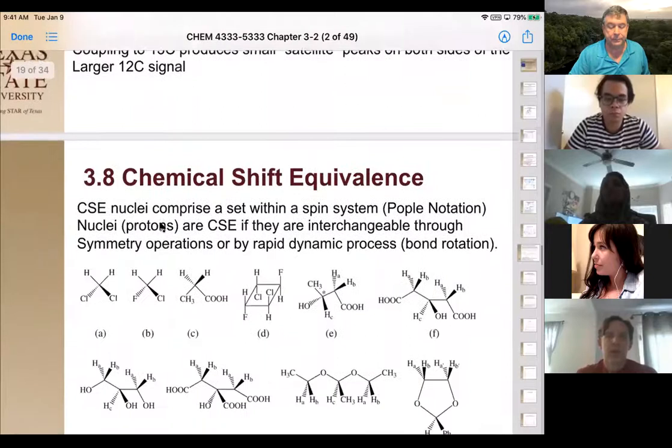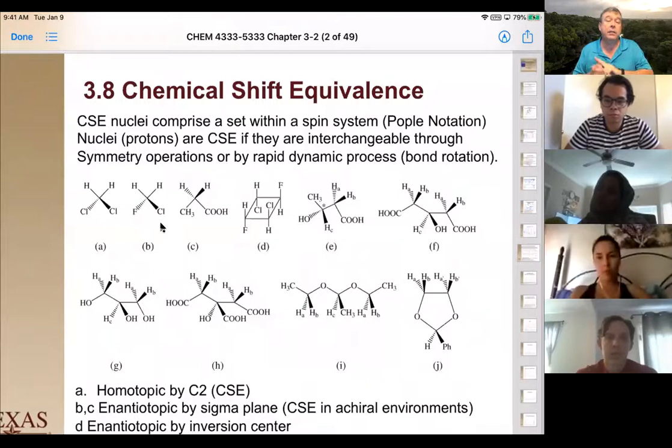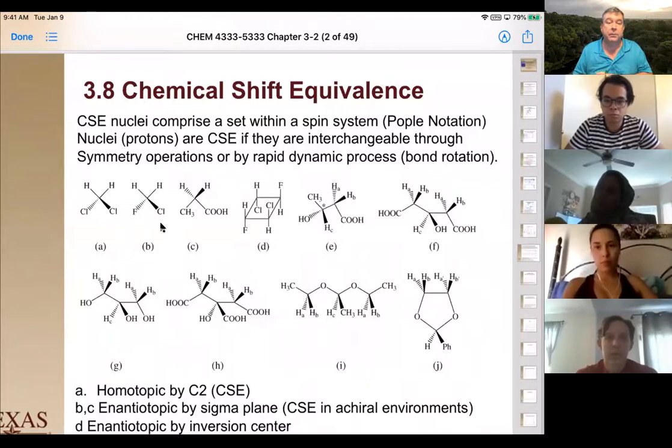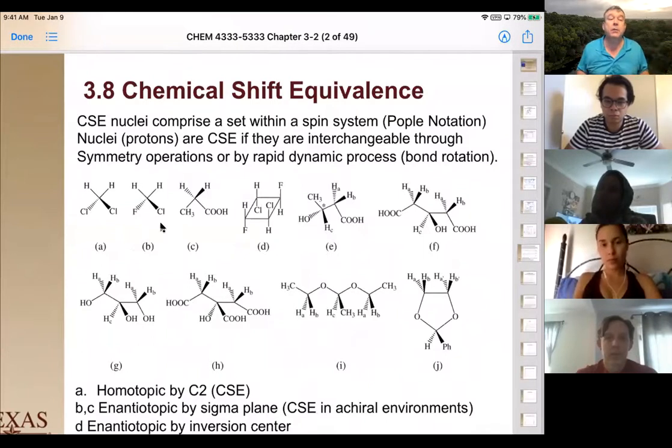Okay. So when I described that molecule up there, I said we had 2 hydrogens that were equivalent attached to the same carbon, and 1 fluorine that's not a hydrogen, and therefore it's not equivalent and can't split. Okay. Now this brings us to the thing to talk about, what we call chemical shift equivalence.